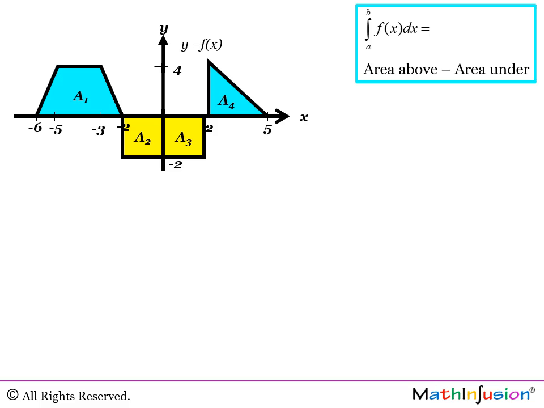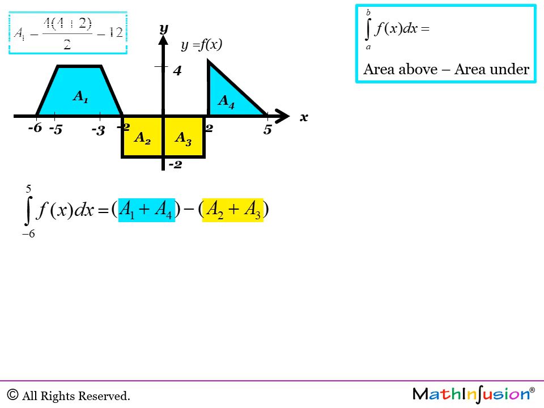Let's use this picture to find the value of the definite integral of f(x) dx between -6 and 5. This is the area above, which is A sub 1 plus A sub 4, minus the area below, which is A sub 2 plus A sub 3. Now we have to evaluate each one of those. This is a trapezoidal area.